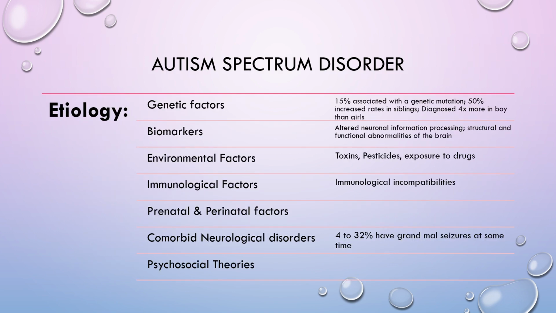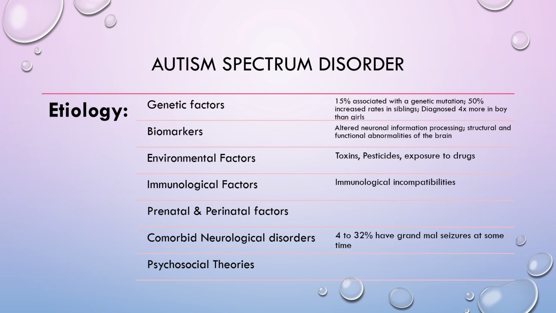So etiology behind autism, genetic factors, there's 15% associated with a genetic mutation, okay? 50% actually increased rates if your sibling has it. It is actually often diagnosed 4 times more in boys than it is girls. There are biomarker availabilities. Maybe there's something with an altered neuronal information processing.